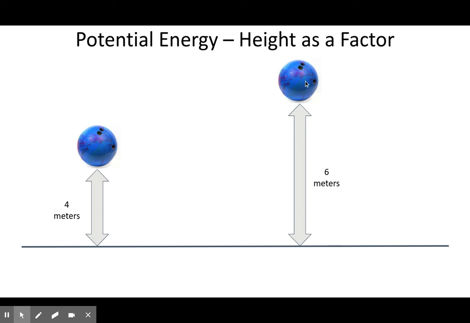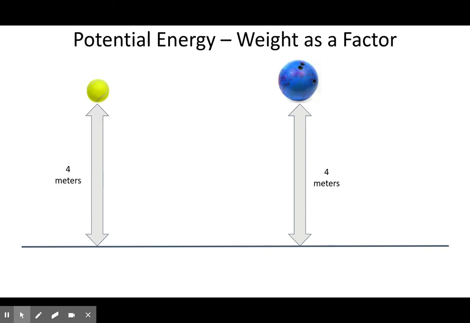That's because it had more potential energy. So, how high something is off of the ground is a factor of gravitational potential energy. The higher it is, the more gravitational potential energy it will have.